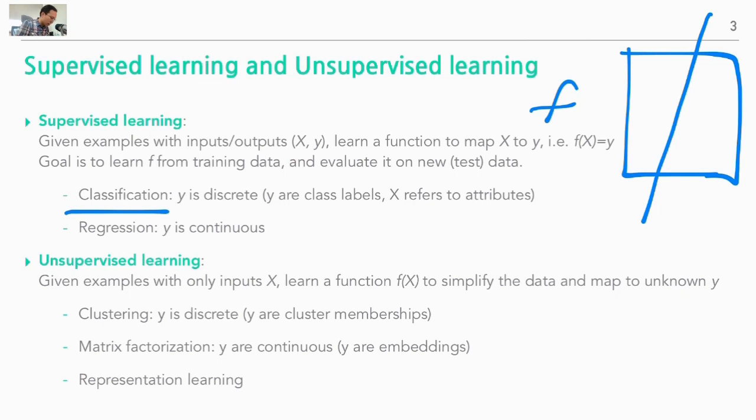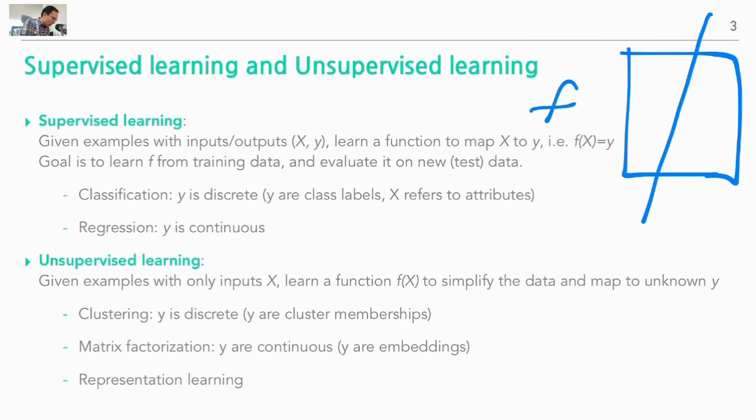So let me give you an example from the perspective of classification. For classification, we assume that Y is a discrete value, which means Y could be a cat or a dog, or female or male. It is predefined and has some discrete value.